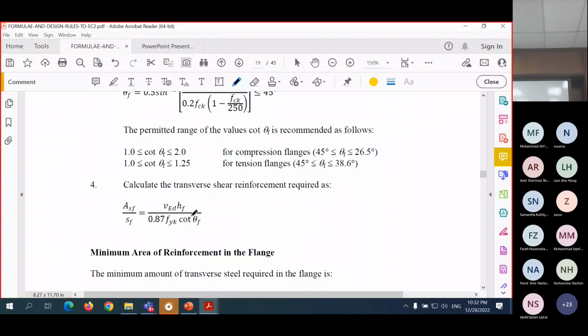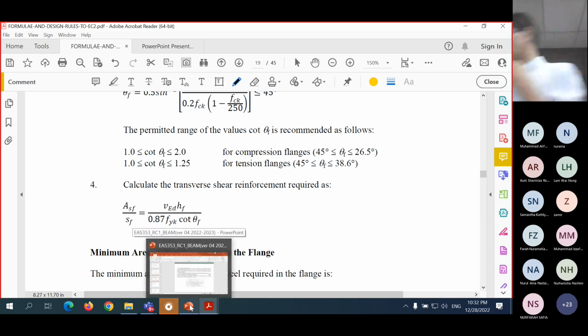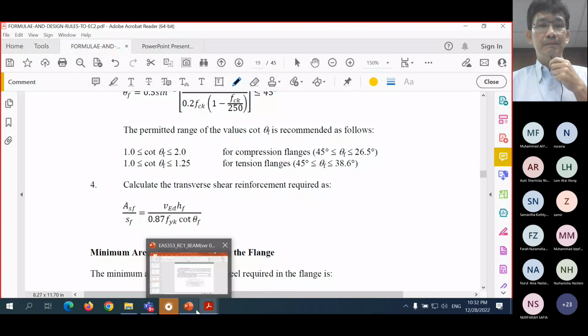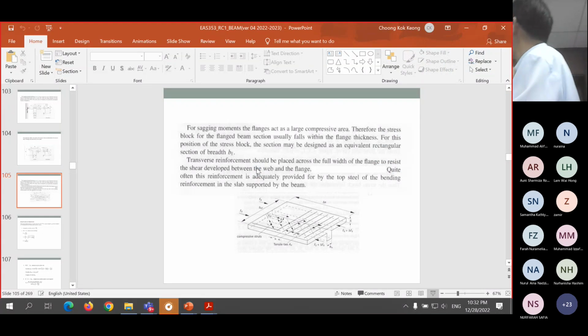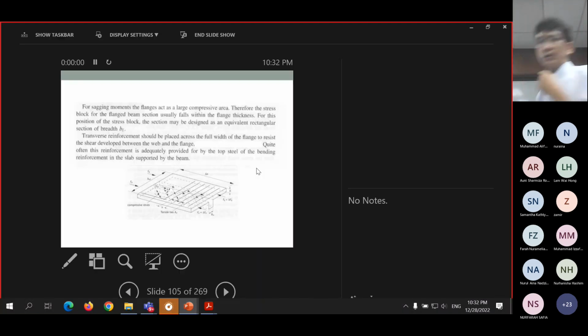But when you do that, you have to go through these extra calculations for flexural reinforcement and for transverse shear, which is caused by horizontal shear force at the intersection of the flange and the web. And we need to provide shear reinforcement for that.